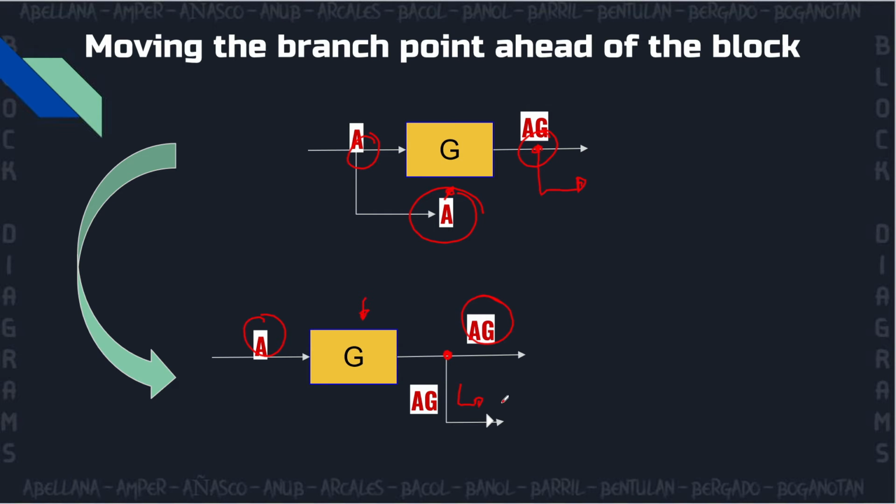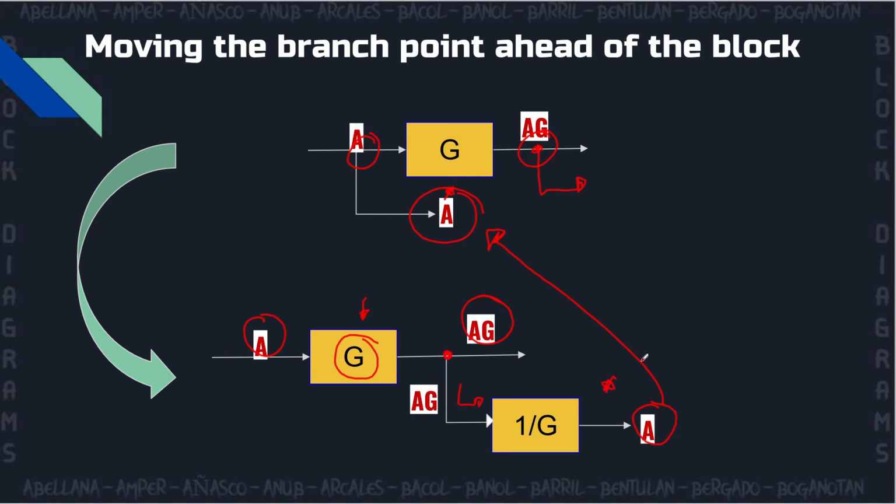We can get rid of this G right here if we multiply it by the inverse of the block that we moved it ahead with. So in short, we will multiply it by 1 over G. Why? Because if you get the output from this part of the block diagram, the output would be A, which is the same right here.